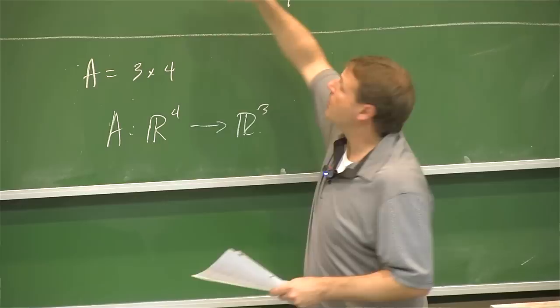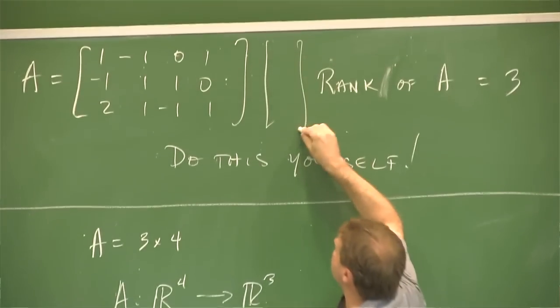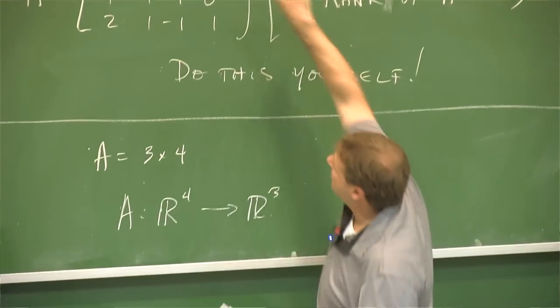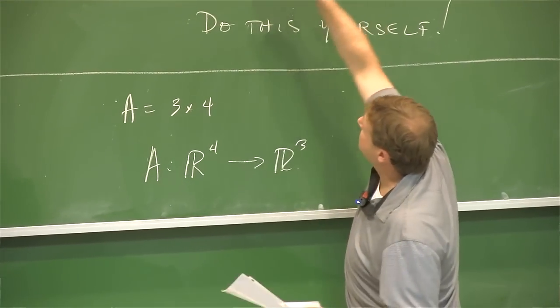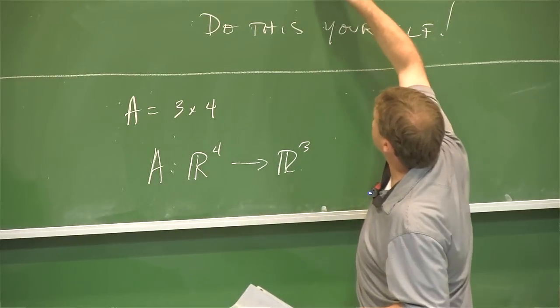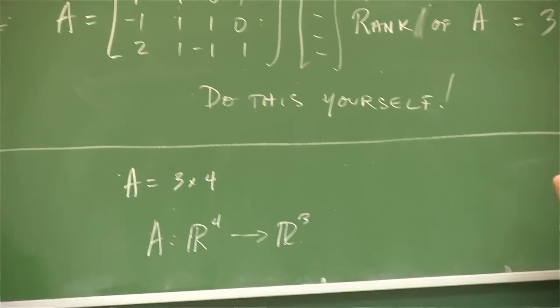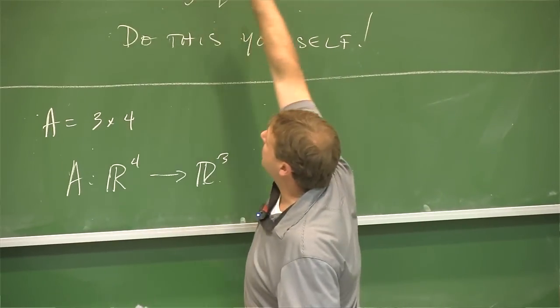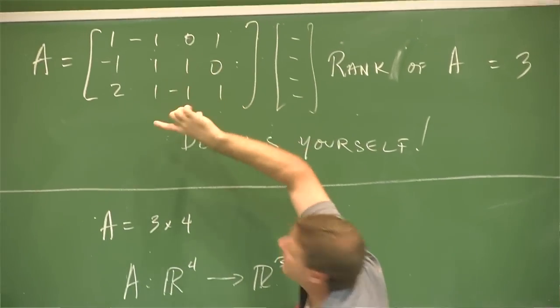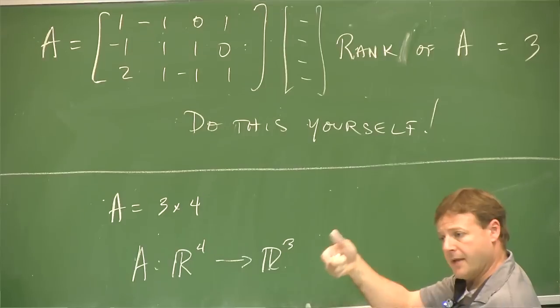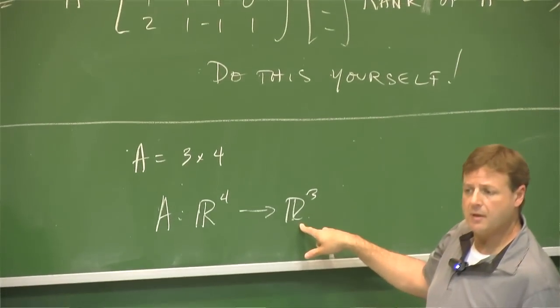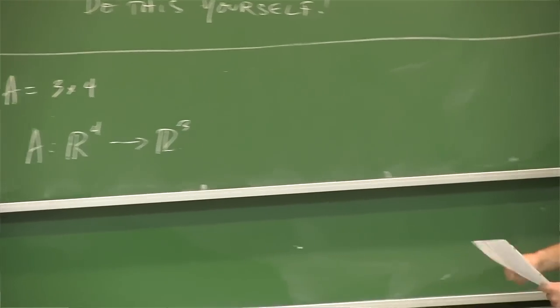Well, in order to do the multiplication, I'm going to multiply by something, right? But in order for that to work, it's got to line up. So I've got to have 4 spots there. And then when I do that multiplication, what's going to happen? I'm going to do it 3 times. I'm going to get 3 little slots for the answer. And so that's going to give me the image space as being R3.